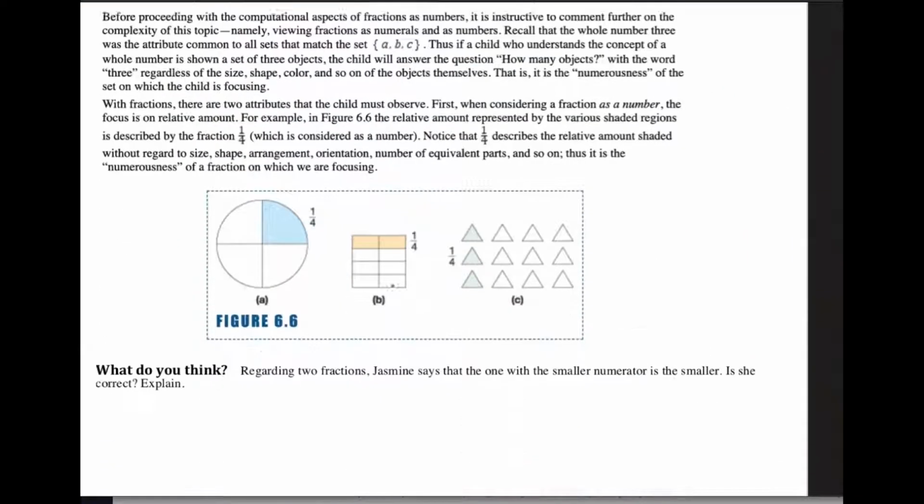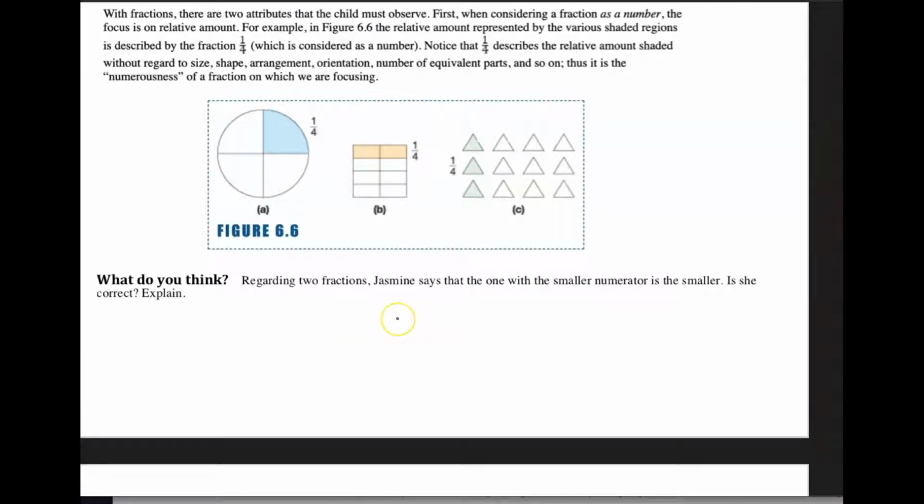Go ahead and think about this question here. Two fractions. Jasmine says that the one with the smaller numerator is smaller. Is she correct? So for example, if we were going to compare 2/3 to 3/8, in her mind, Jasmine thinks that 2/3 is smaller because of the numbers. And this is something that students struggle with, because they think of the numbers as whole numbers.